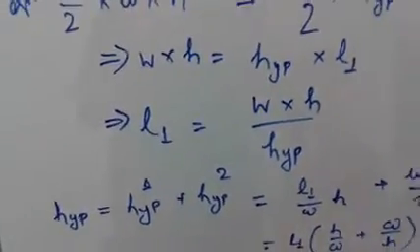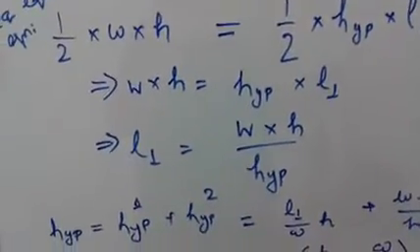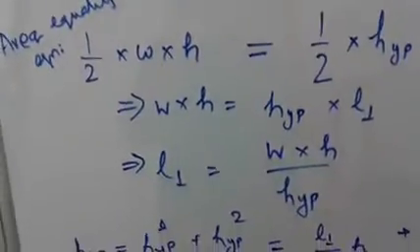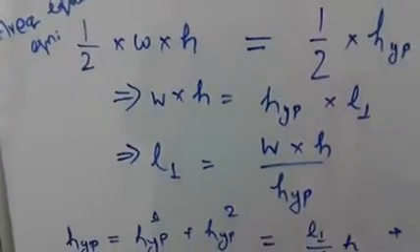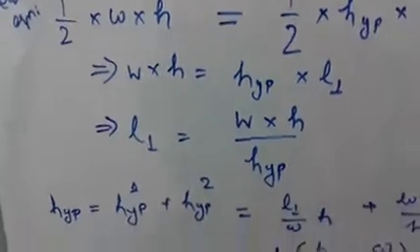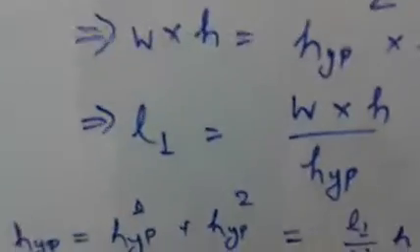It is as if you can see that the area of the rectangle formed by the sides h and w is equal to the area of the rectangle formed by the hypotenuse and L perpendicular. So this gives us one simple way of finding this L perpendicular.